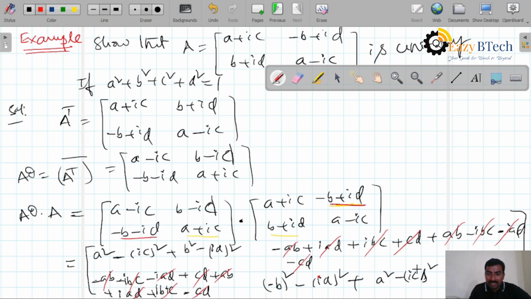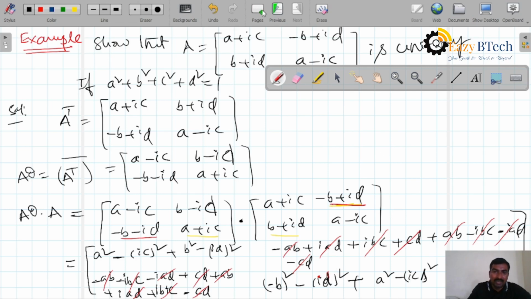A square plus, here I square means minus 1, minus into minus plus. So here again you will get B square plus D square plus A square plus C square.